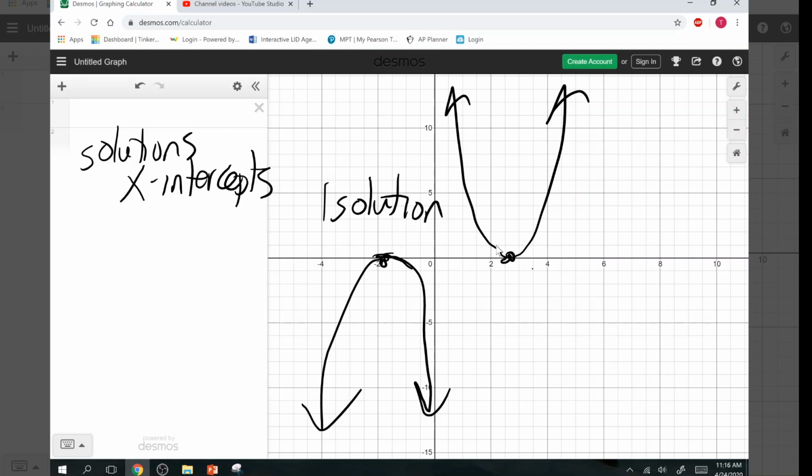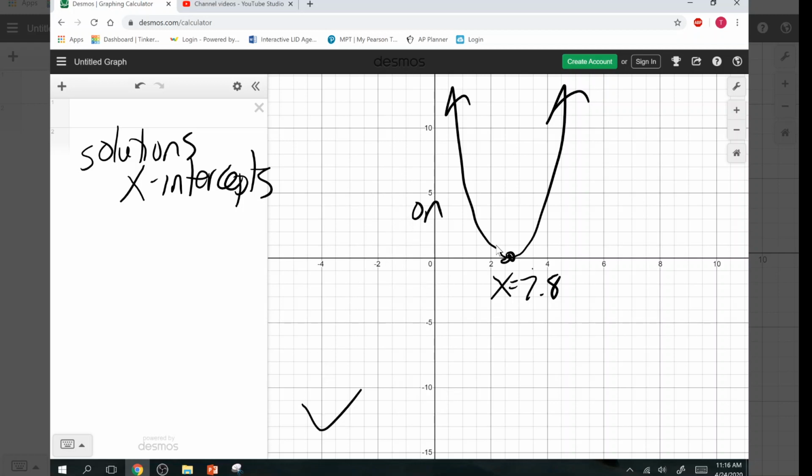Each of these would have one solution, and the solution would be like x equals, in this case, 2.8 or something, just guessing. And this one here, like negative 1.8 or something like that. I'm just guessing where the quadratic hits the axis. It's going to be a lot more obvious in a lot of our examples.